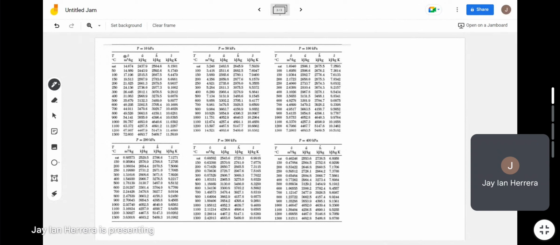So, normally, saturated pressure yung isa-isang table or tabulated. So, for example, dito sa 100 kPa. Yan. So, this steam is saturated at 100 kPa.